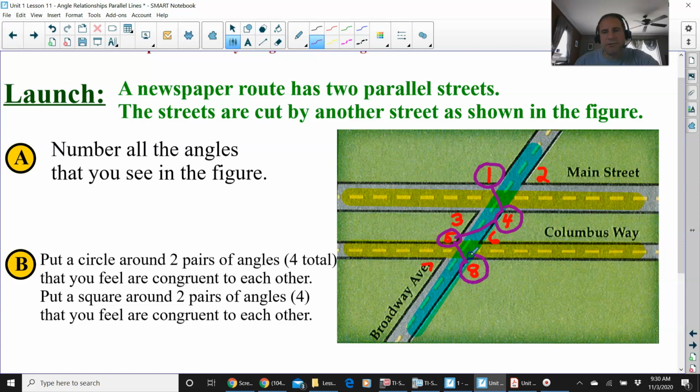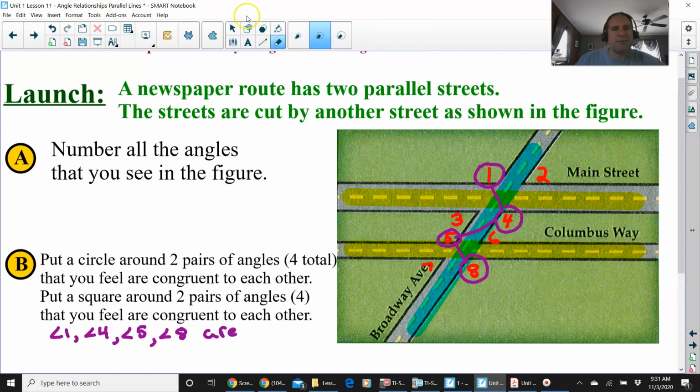All of the circled angles that I have, angle 1, angle 4, angle 5, and angle 8 are congruent to each other. And I'm going to put the congruent symbol, an equal sign with a squiggly line on top, between them.